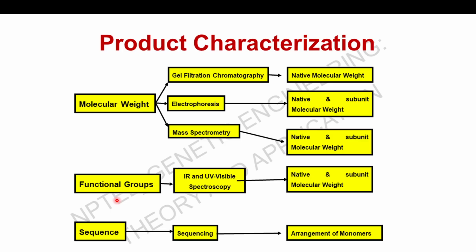Now in this tutorial session, we will look at spectroscopic methods and sequencing methods to determine or characterize the product's concentration as well as the integrity of the product, as in the purity of the product.